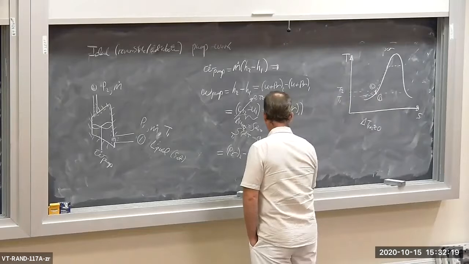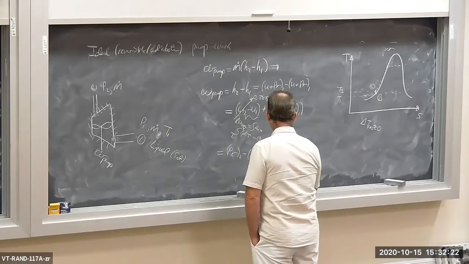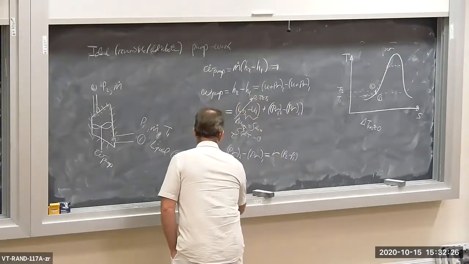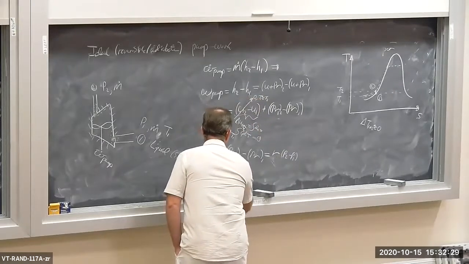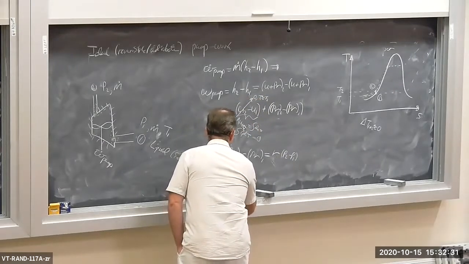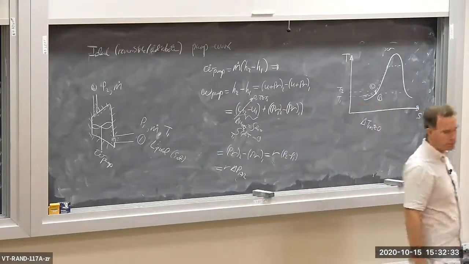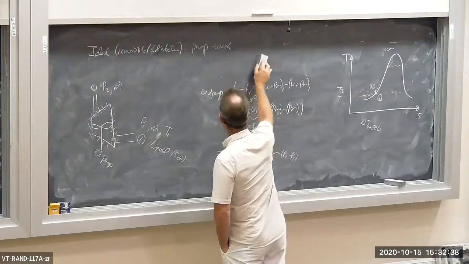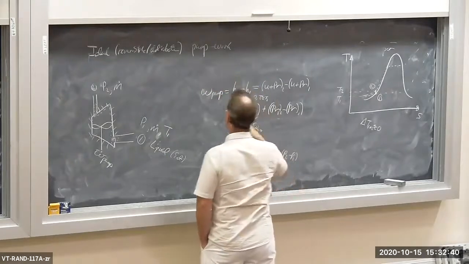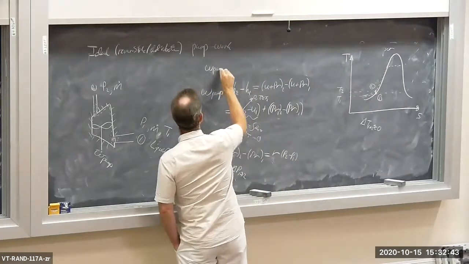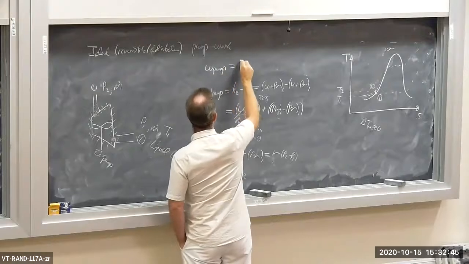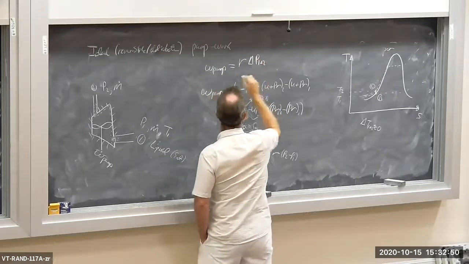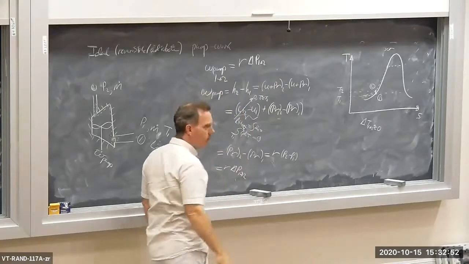I get specific volume times (P2 minus P1), or specific volume times delta P from 1 to 2. So the reversible specific pump work, W pump, is equal to specific volume times delta P from 1 to 2.